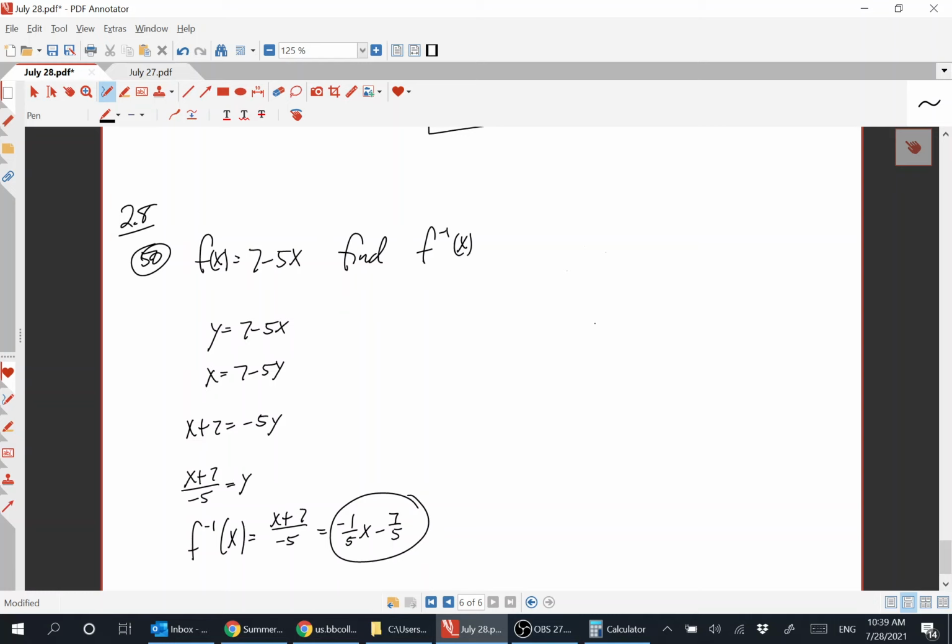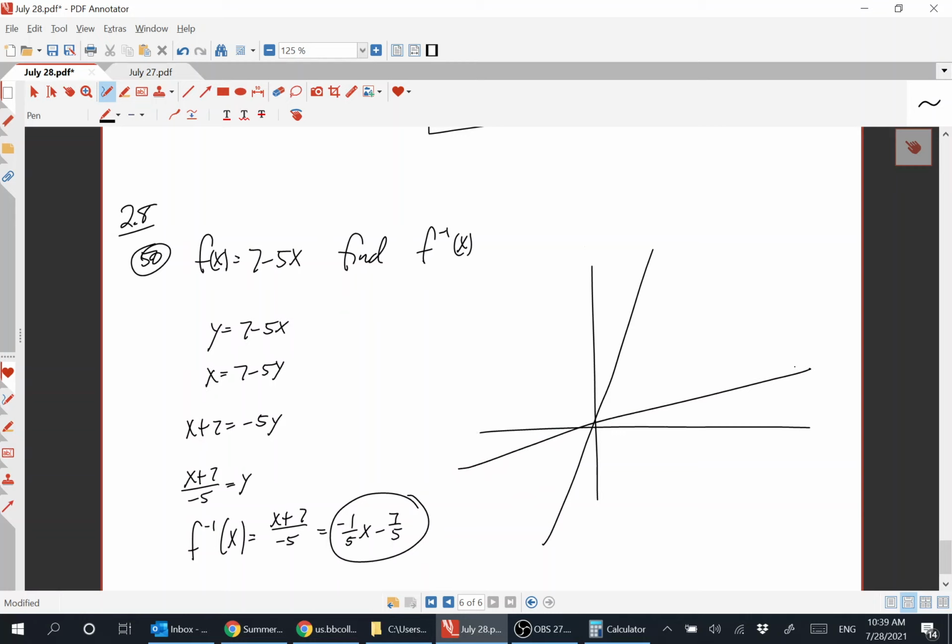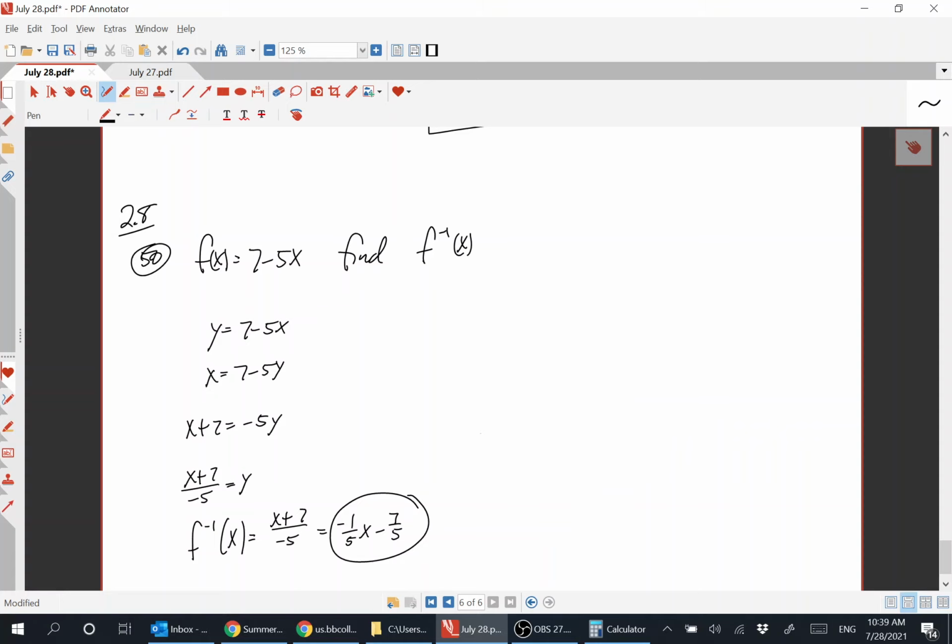A line of slope 2 would be like this, a line of slope 1/2 would be like that, not perpendicular. They're both positive slopes, so they can't be perpendicular. These two are both negative slopes, so they can't be perpendicular. Slope -1/2 is perpendicular, but that's not the inverse function. Two different concepts, completely different.